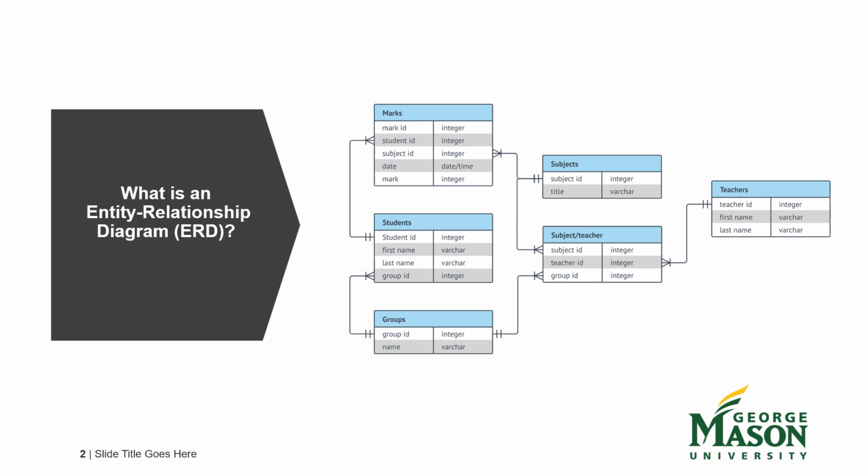It is a visual representation of the data entities, their relationships, and the attributes of each entity. ERD represents a database conceptually as viewed by the end user. The ERD provides a clear and concise view of data structure and their relationships between entities.